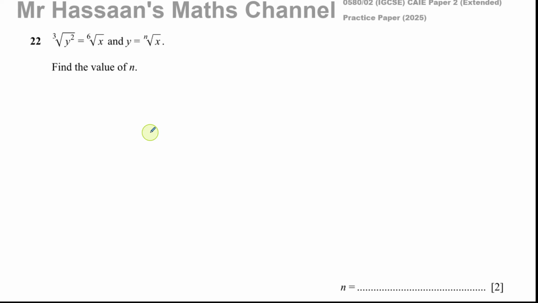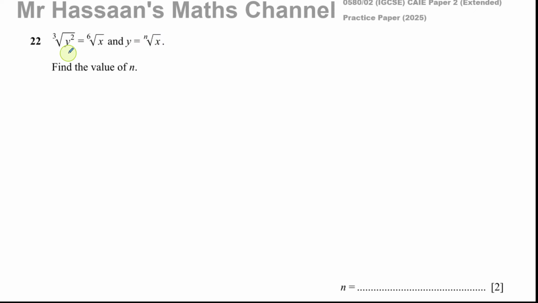Okay, so in this question, we are told that the cube root of y squared is the same value as the sixth root of x, and that y is equal to x to the root of some number. So we've got to find the value of that number, the n here.